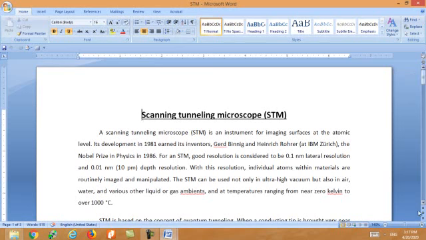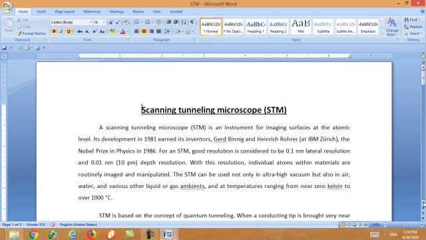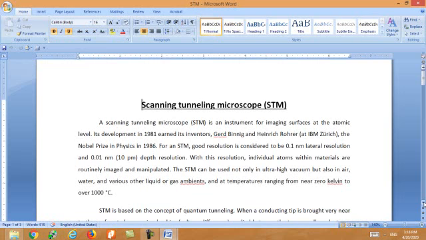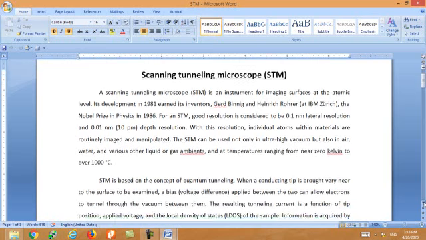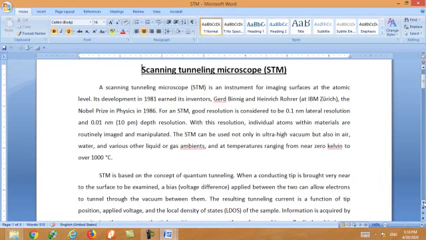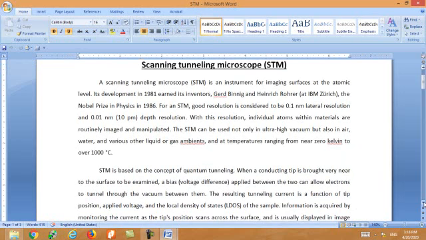Similarly to the AFM, where we use force to analyze the image, in scanning tunneling microscopy we use a cantilever and the surface of the sample for scanning the image, and a current is developed between these two, the surface and the cantilever.